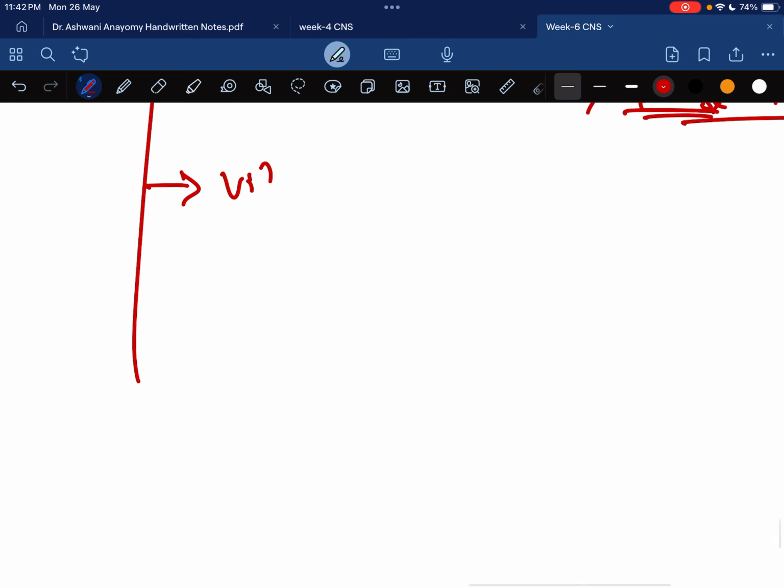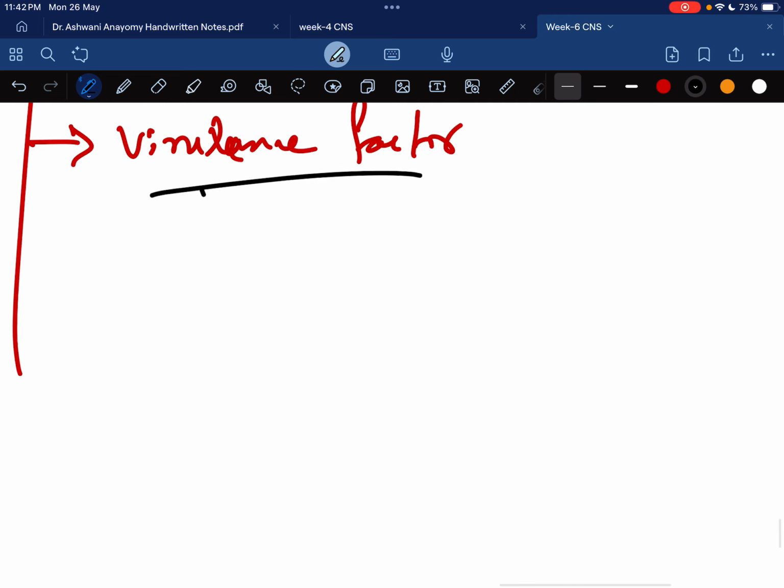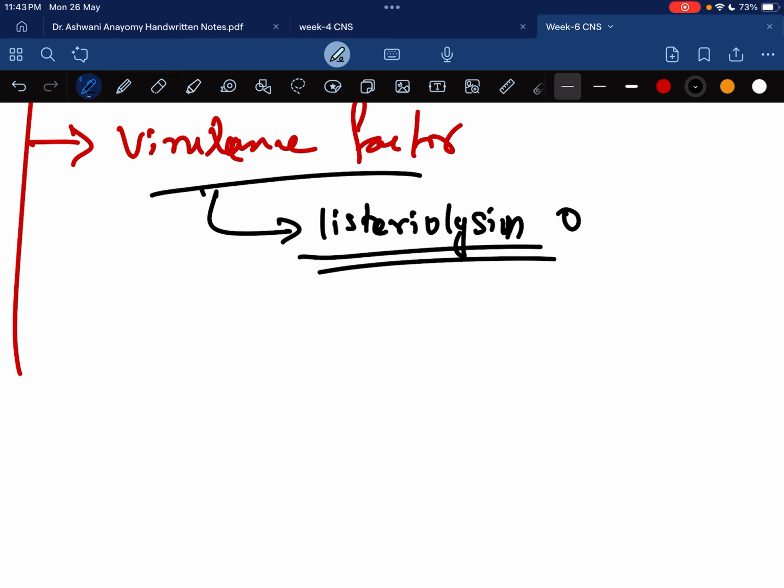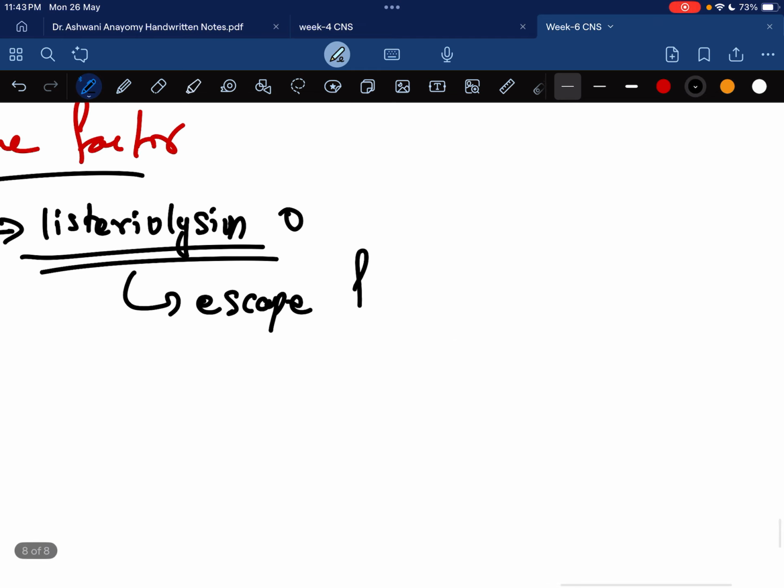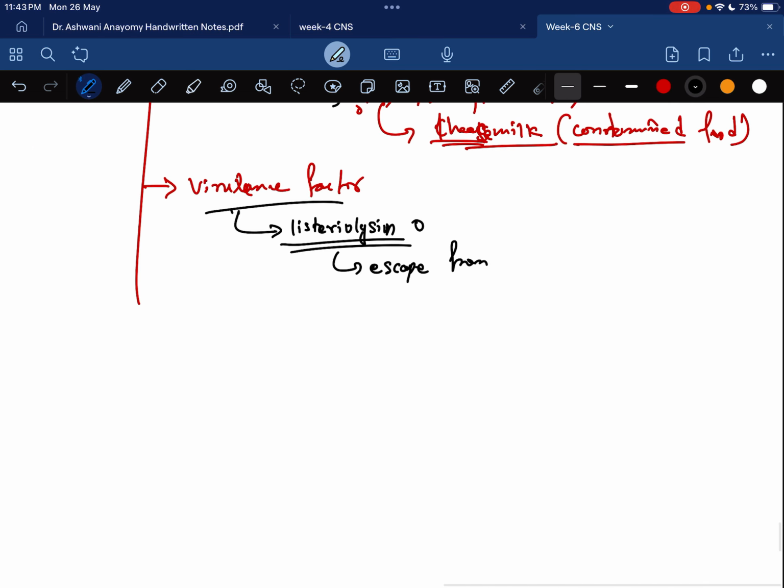Regarding virulence factor, it has a type of lysin known as listeriolysin O, and it helps to escape from the phagolysosome, escape from phagocytes.